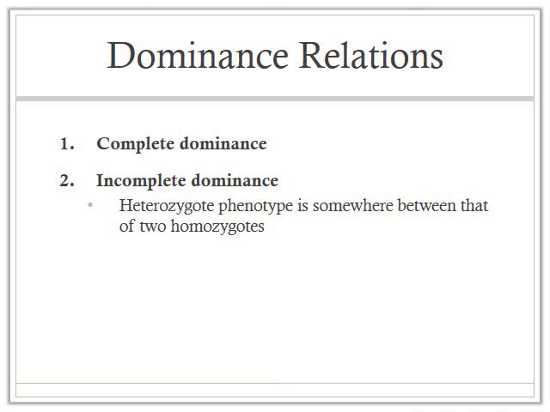So if the dominant was red and the recessive was white, instead of the heterozygote being red as well, it's going to be pink. It's going to be somewhere in between red and white.